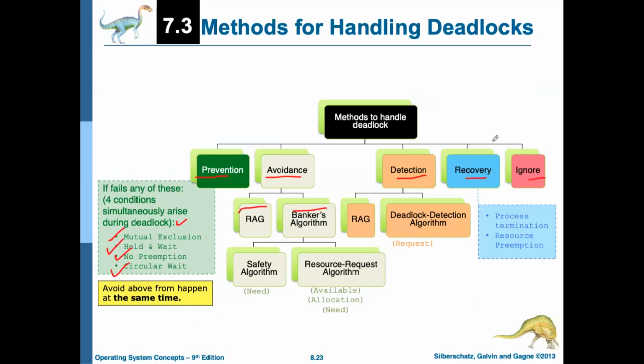There is a word of recovery here. If any of these fail, we need to recover, by process termination or resource preemption: preempt that process, release it, and give it to another. Maybe there could be more. I also don't know. You can check within 5 years from now to 5 years back.